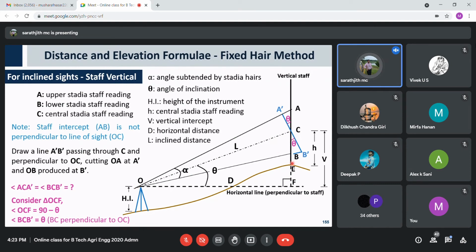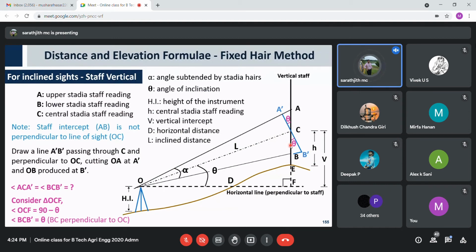In this OCF, angle OCF is 90 minus theta degrees, because this is 90 degrees and this is theta degrees. So this would be 180 minus 90 minus theta, which is 90 minus theta. So angle OCF is equal to 90 minus theta.